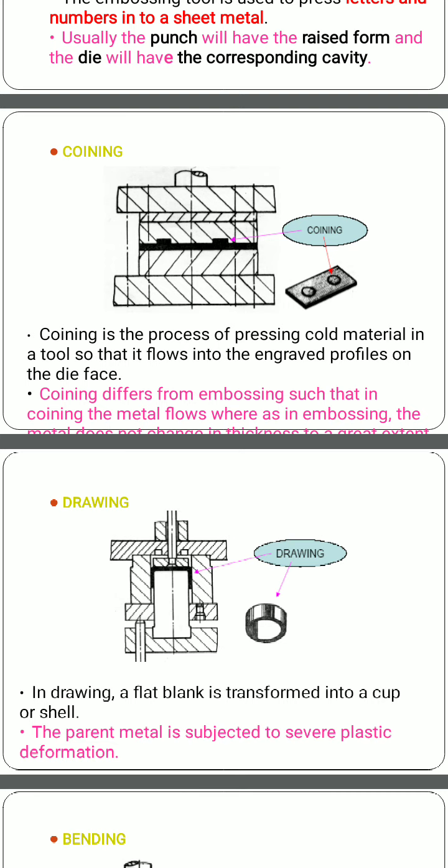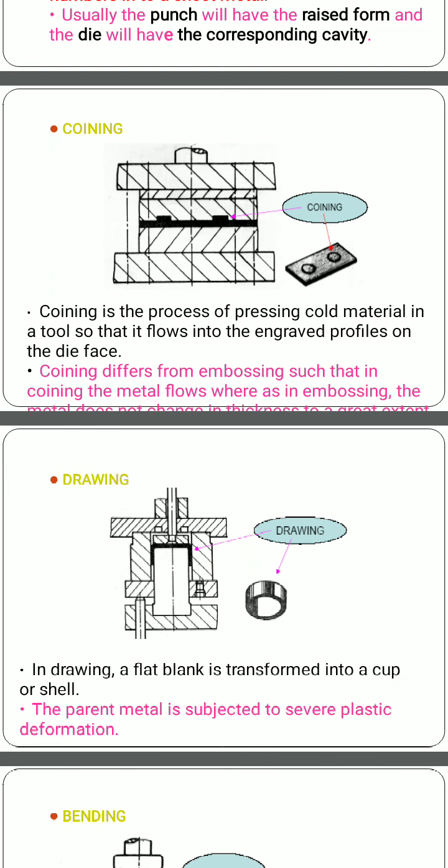Examples are the coins, where you see profiles on both sides, or it may be seen in keys. Here the profiles are engraved on both the punch and die. In between the punch and die we place the sheet metal, thereby material deformation takes place.